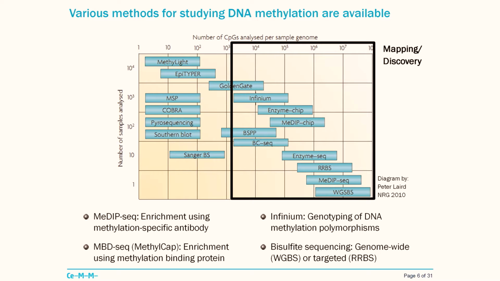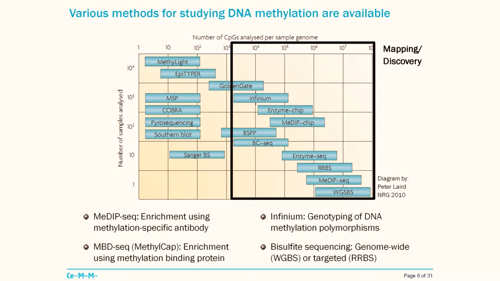So we selected four assays that we felt were the most interesting at that point in time: MeDIP-seq, antibody-based enrichment of methylated regions; methyl-binding domain-seq or MethylCap-seq, where you enrich with a DNA-binding domain protein instead of an antibody; the Infinium 27K assay, basically taking the concept of array-based genotyping to DNA methylation data; and then bisulfite sequencing. In that study, we used a targeted approach, reduced representation bisulfite sequencing.